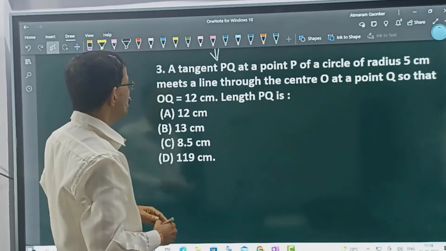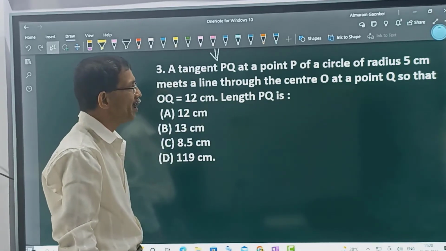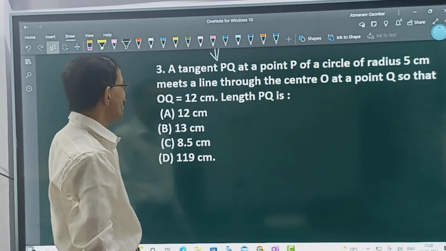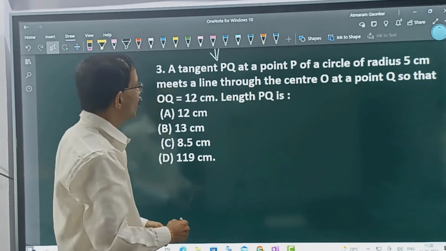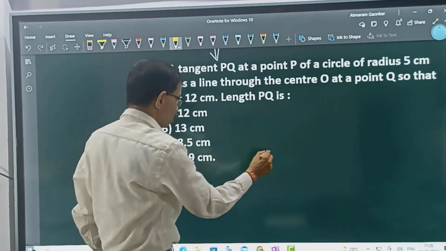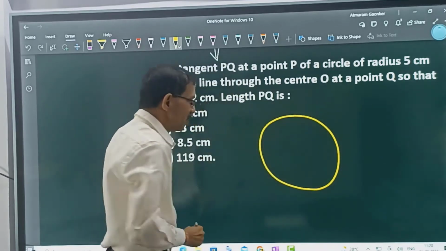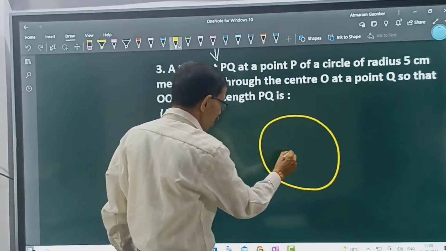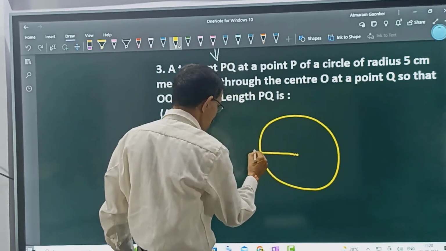Now here is a problem to solve. A tangent PQ at a point P of a circle of radius 5 cm. Now we will have to draw a circle of radius 5 cm. Let us draw that. This is a circle whose radius is, let's say, 5 cm.